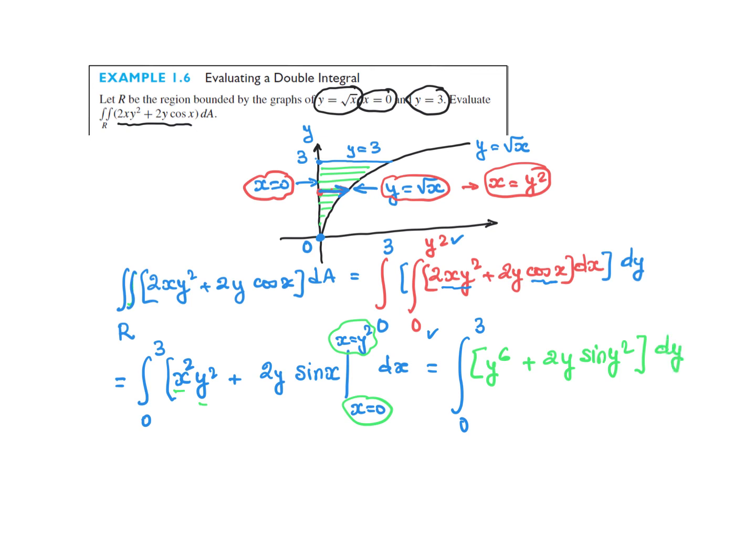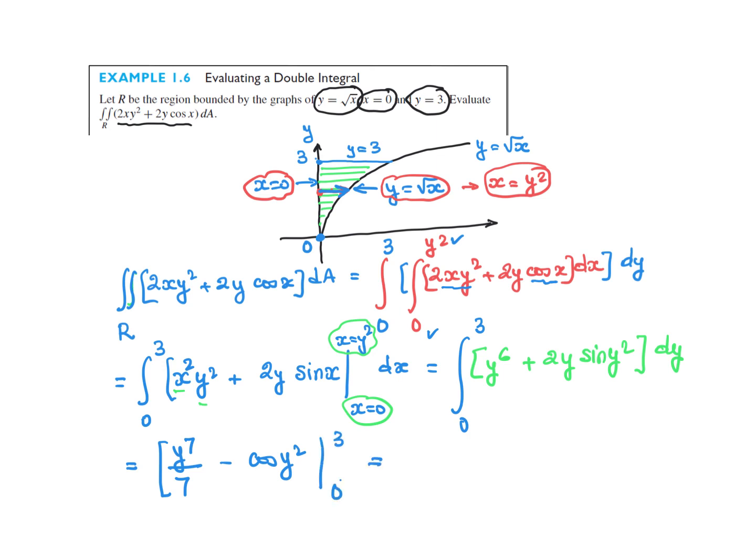So now I need to integrate with respect to y. Fairly easy. It's going to be y to the power of 7 over 7 plus, actually it's a minus, minus cosine y squared from 0 to 3.